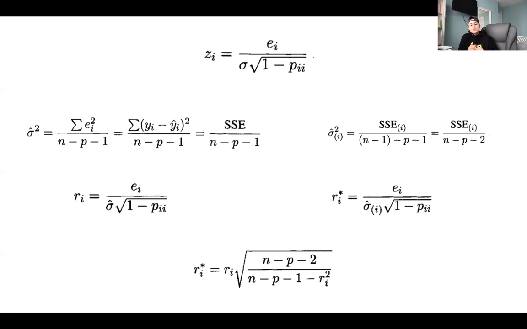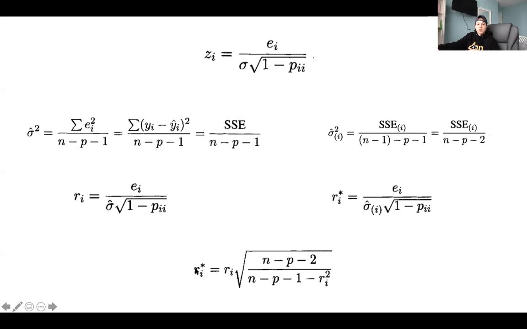Externally studentized residuals have a t distribution with n minus 2 minus p degrees of freedom. With a large sample, both have an approximately standard normal distribution. They're related by this formula down here at the bottom.